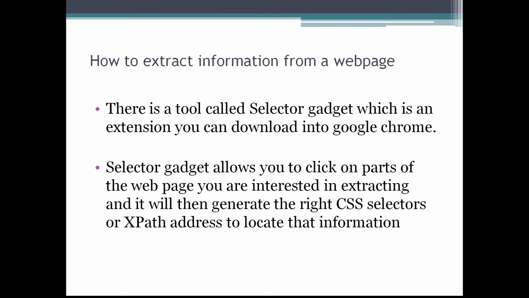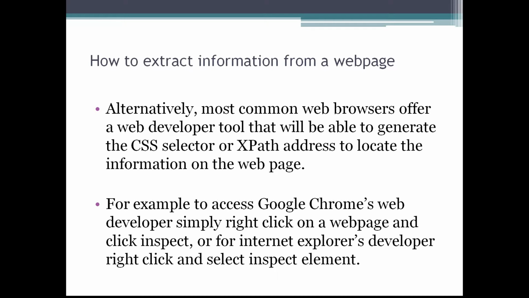Alternatively, instead of using SelectorGadget, you could use a web developer tool. Most common web browsers like Chrome, Safari and Internet Explorer have their own developer tools, and once you find the right bit of the page, you can often pull out the CSS selector or XPath address to locate that information as well.